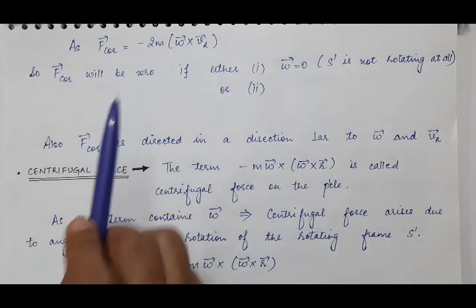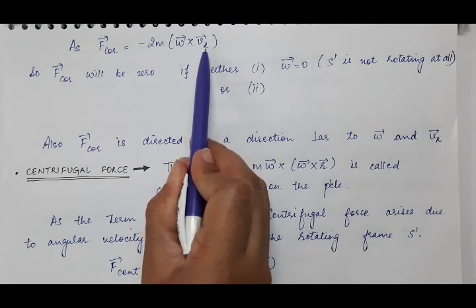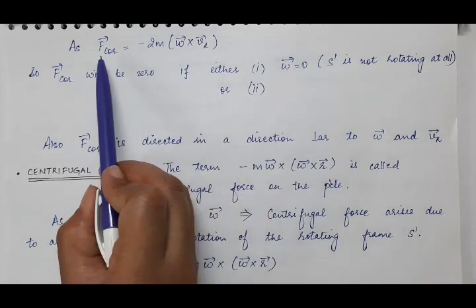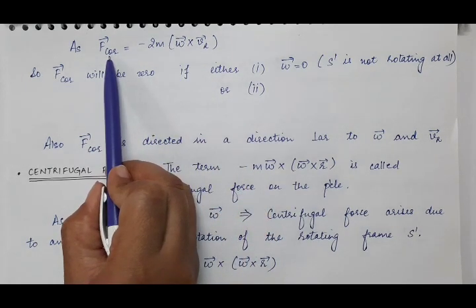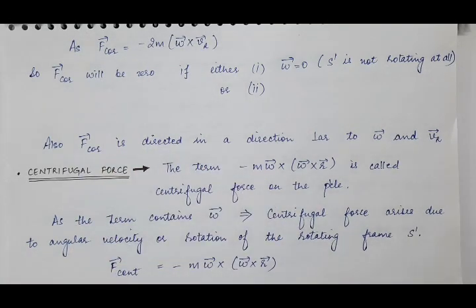So Coriolis force will be 0. And second, this term contains this Vr. This Coriolis force will be 0 if this Vr is 0.